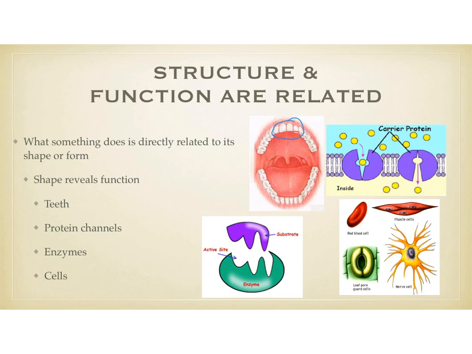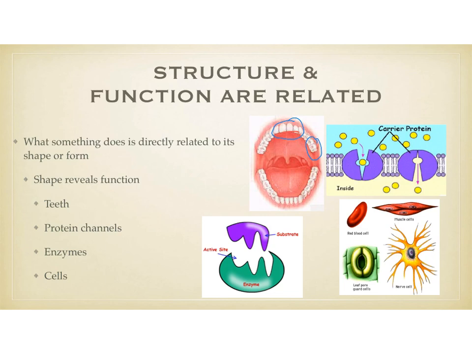They have a different shape: sharper, narrower, maybe longer, to cut through things. The molars in the back are wider and flatter, for grinding food down into smaller pieces, getting it prepared to swallow. So the shape of the teeth in the front and the shape of the teeth in the back are different because they have different functions.